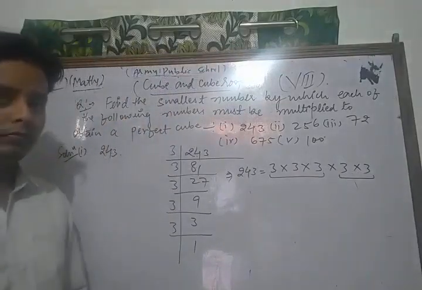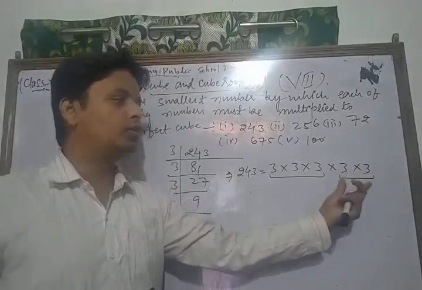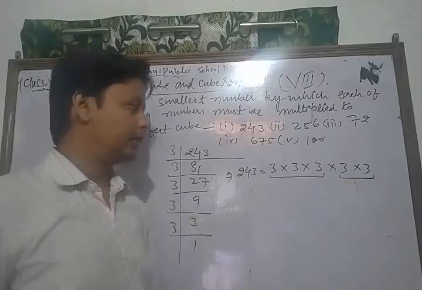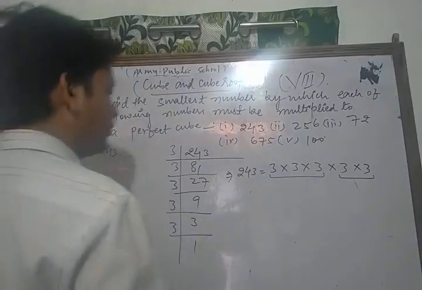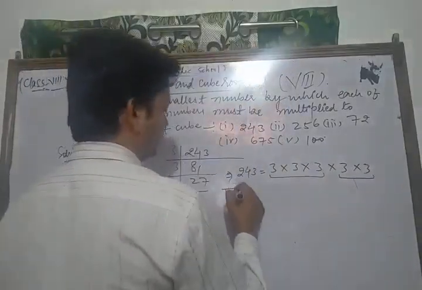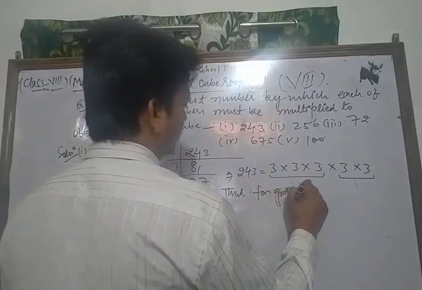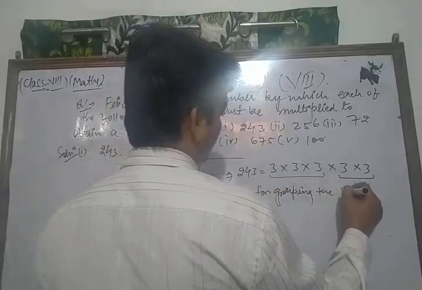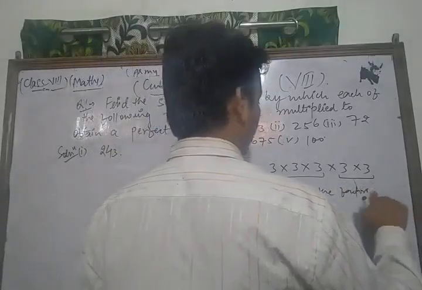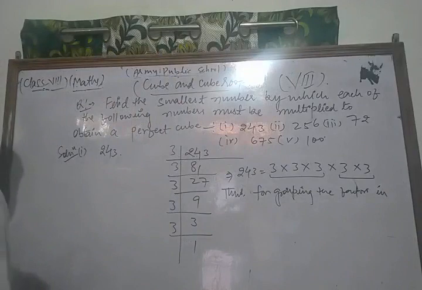So here we require one more 3 for grouping all the factors in triplets of equal factors. So it must be multiplied by 3.